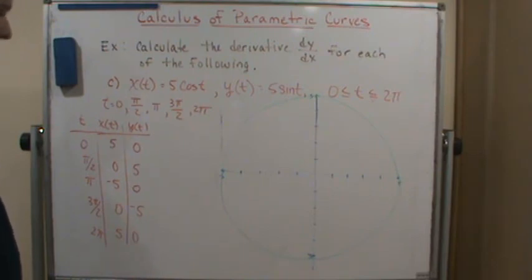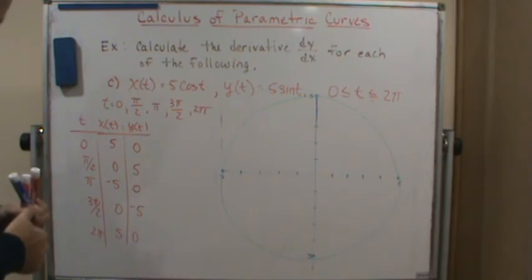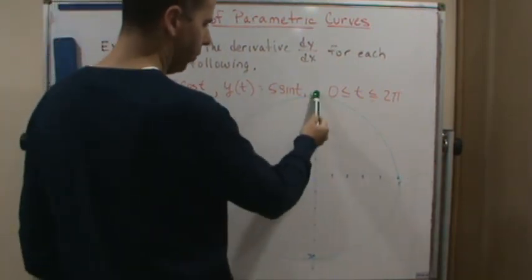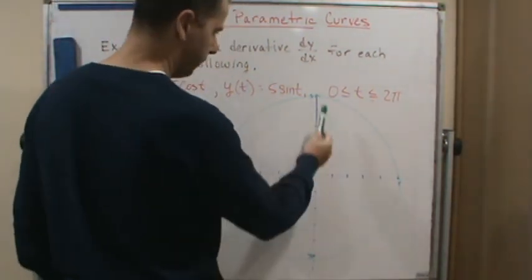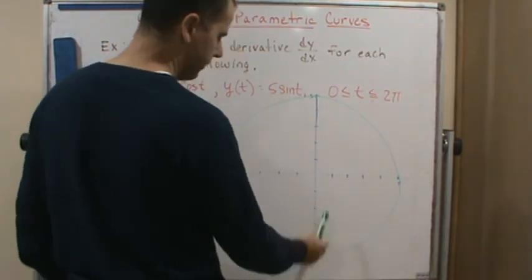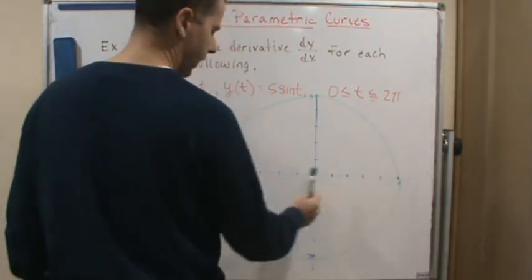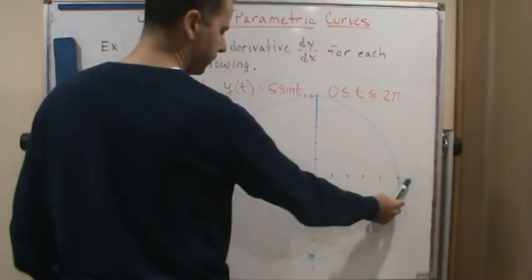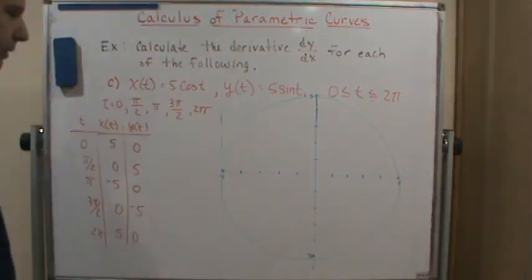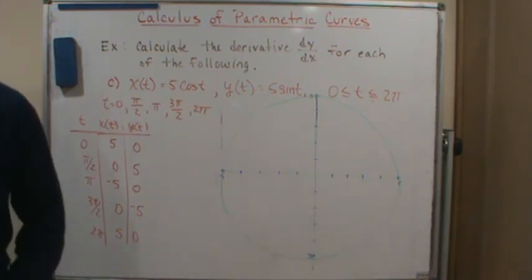And so we see the critical points are horizontal lines at the points 0, 5 and 0, negative 5. And then we've got vertical lines at 5, comma 0 and negative 5, comma 0. And that's it.